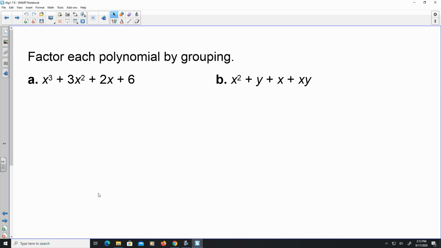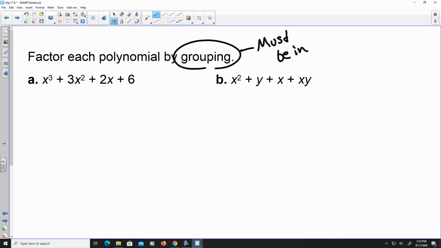So if you look at this first example here, I've got x cubed plus 3x squared plus 2x plus 6. All right, in order to solve anything by grouping, they must be in standard form: largest degree in the front and in decreasing value from there, and then you have your constant value at the end if we have one.